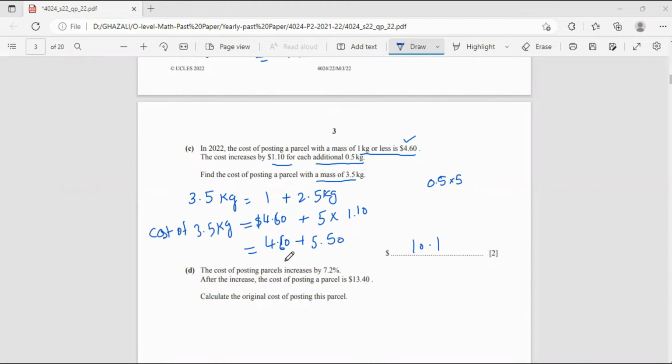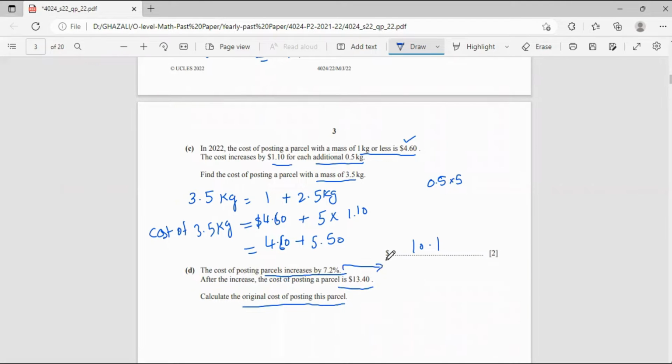Part D: the cost of posting a parcel increases by 7.2%. After the increase, the cost of posting a parcel is $13.40. Calculate the original cost of posting the parcel. Here the posting cost increases by 7.2%.